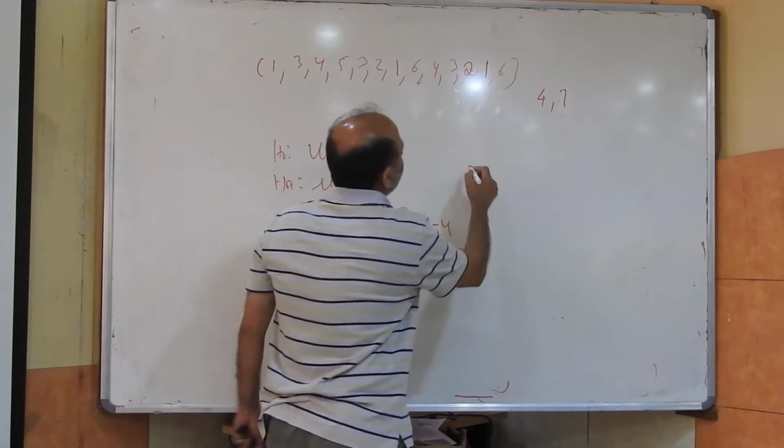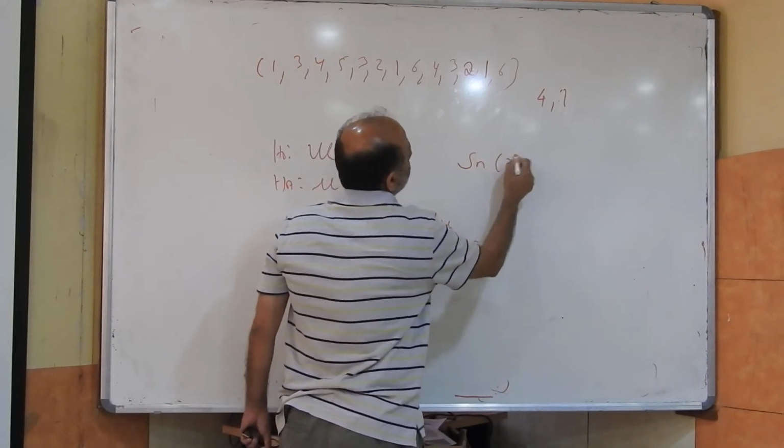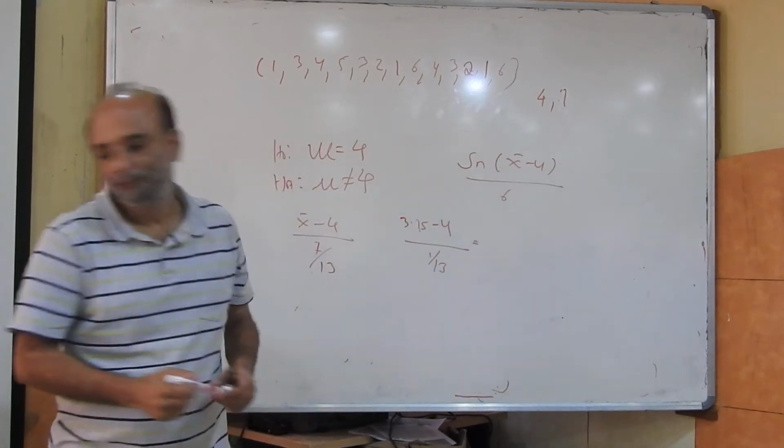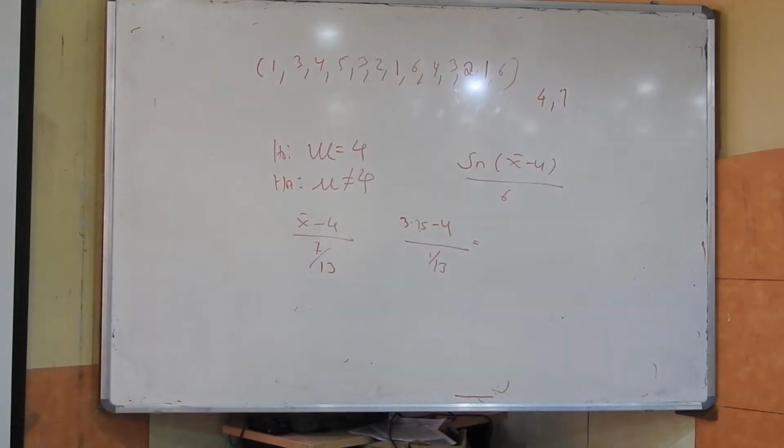Another way of creating that quantity is, as you see, root n upon x bar minus mu by sigma, because sigma by root n, I have taken root n on top. Calculate it.